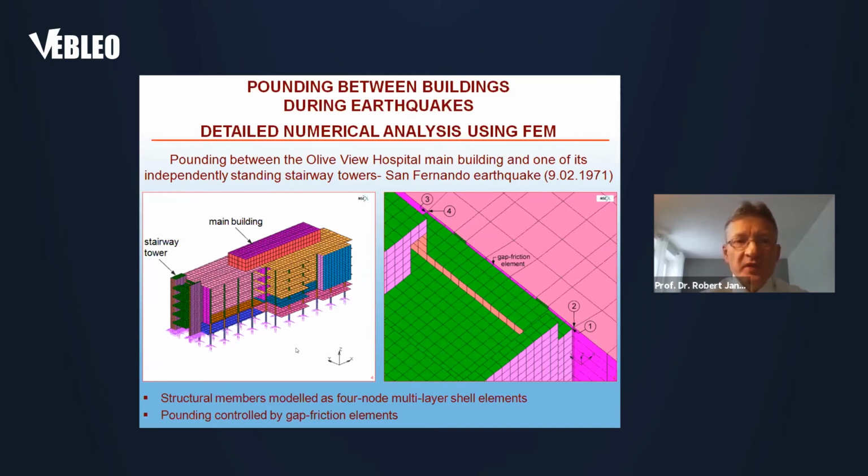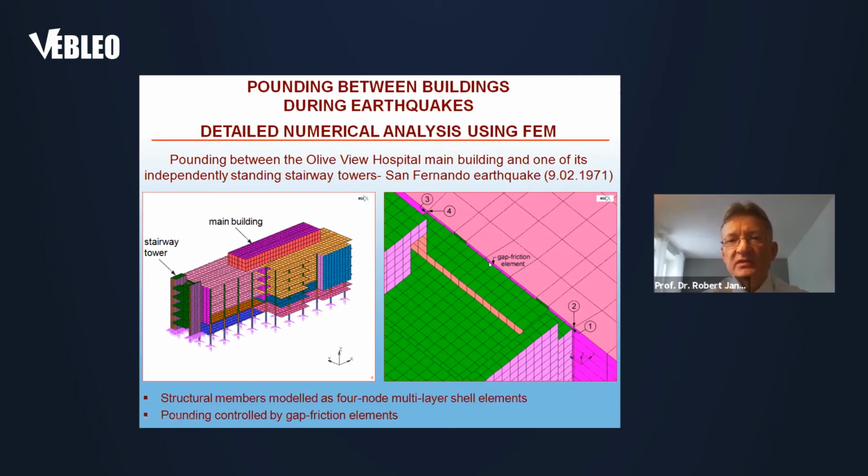The model of both buildings can be seen on the left side of this transparency. So the stairway tower is quite small and again lighter, and the main building is a relatively heavy and stiff structure. All structural members were modeled as 4-node multi-layer shell elements, and pounding was controlled by gap friction elements.